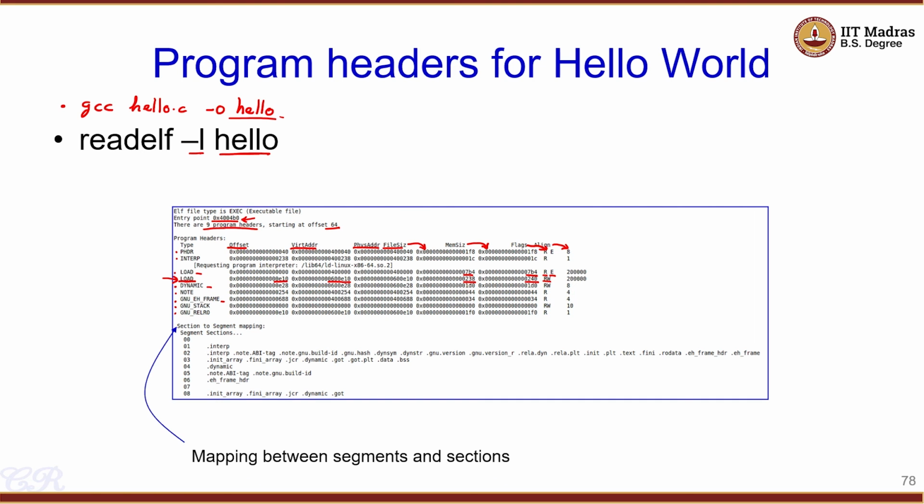Okay, so we have essentially seen all the 9 program headers, and each program header corresponds to a particular segment and has details about the segment.